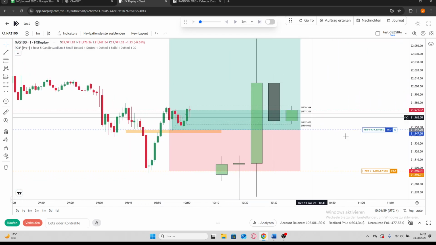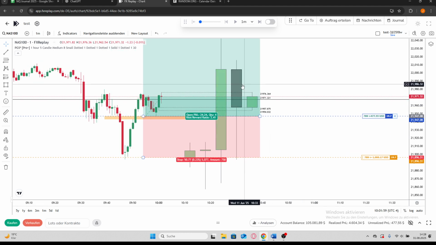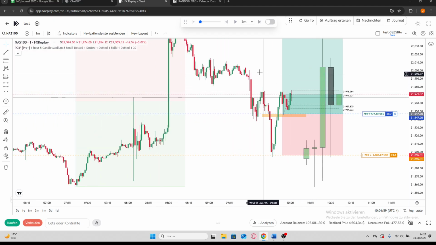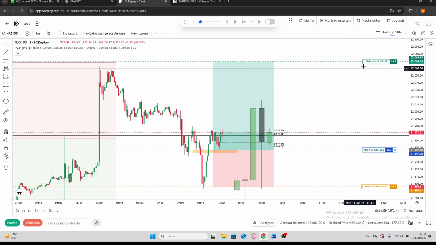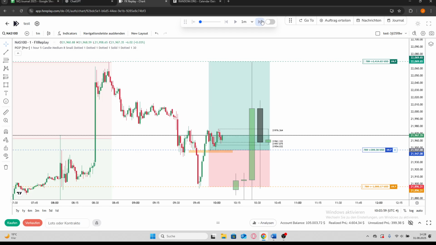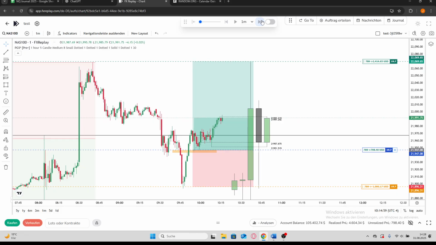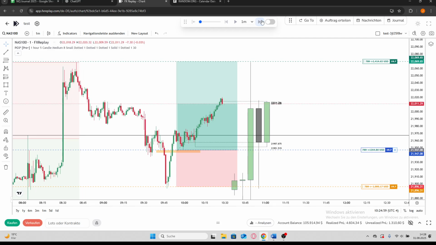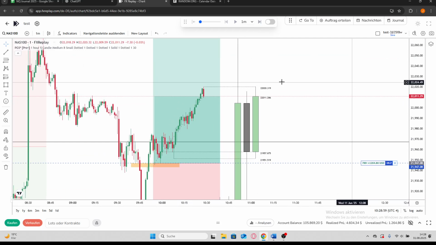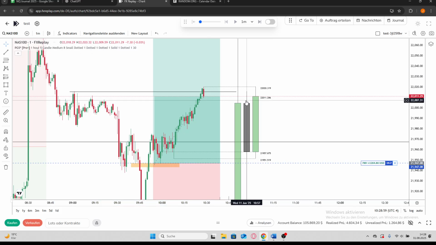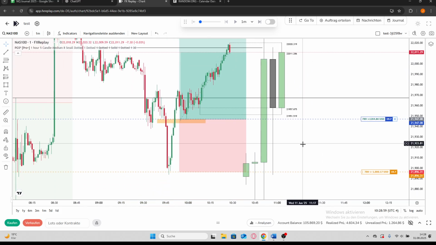Okay, now that's interesting. We created no swing with the 9 AM candle, and now we have the 10 AM open, but I'm not quite sure if we hit this high here. Now I would be careful because we swept the 9 AM high, so maybe 10 AM is just going lower again.